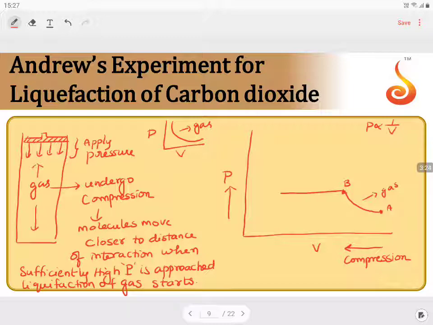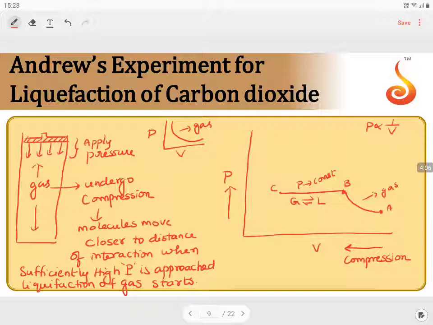That means the pressure remains constant from B to C. The constant pressure at constant temperature indicates a gas and liquid equilibrium existing between points B and C. Both gas and liquid coexist in equilibrium, and slowly the gas molecules start converting into liquid molecules.